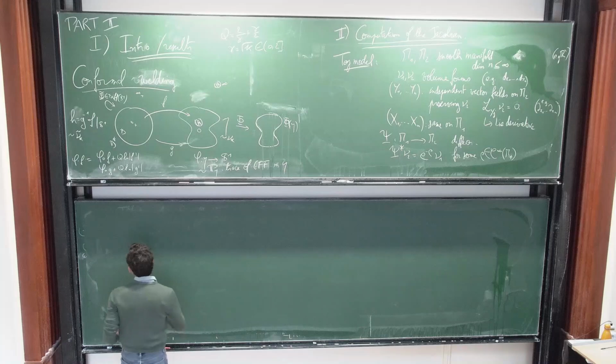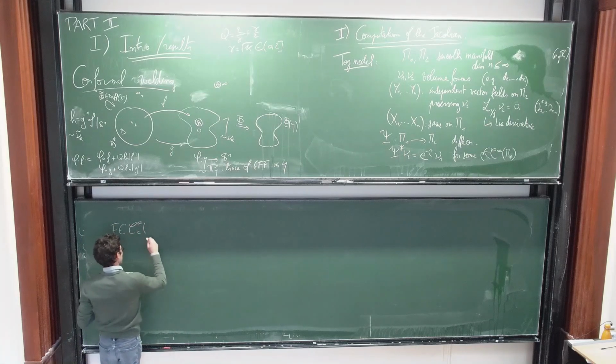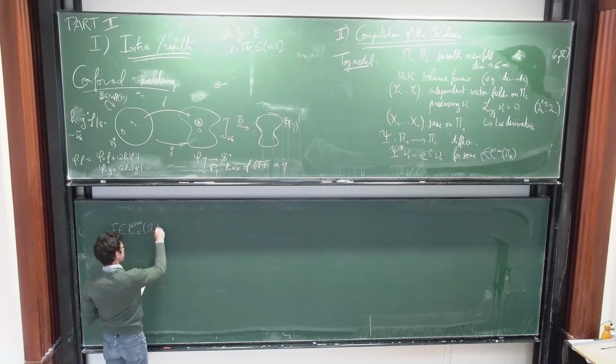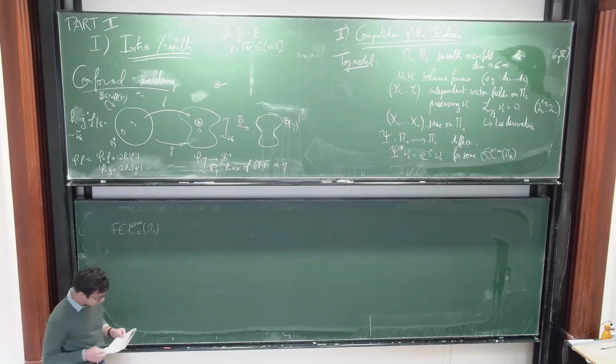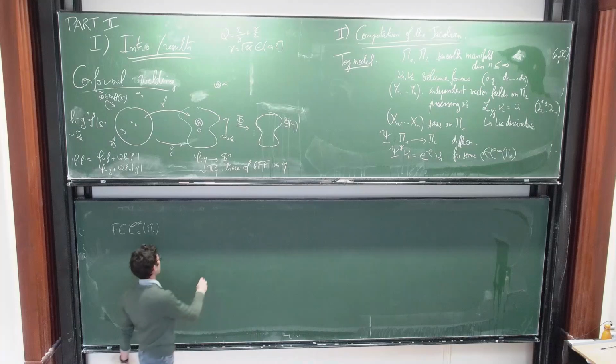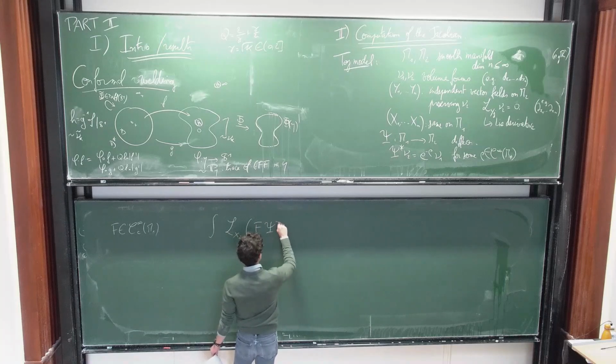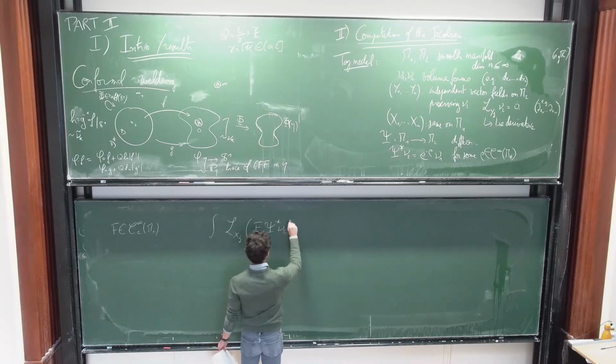Okay, so now if I pick a smooth function f with compact support on M1, I want to establish an integration by parts with respect to the measure psi star nu2. So I have the integral of L_xj f against psi star nu2.